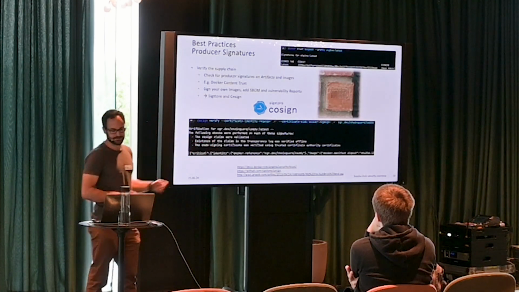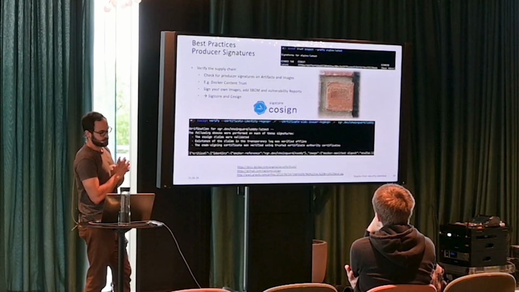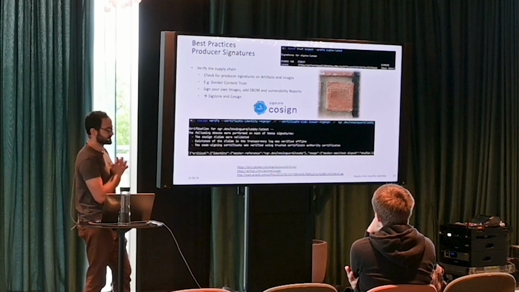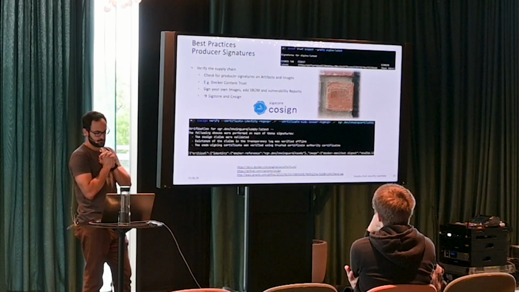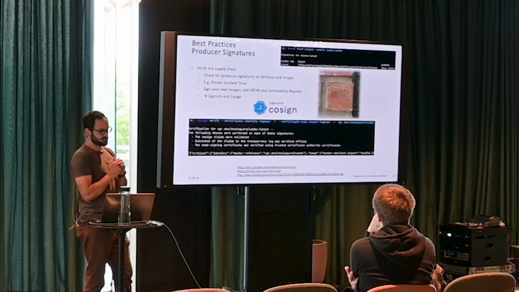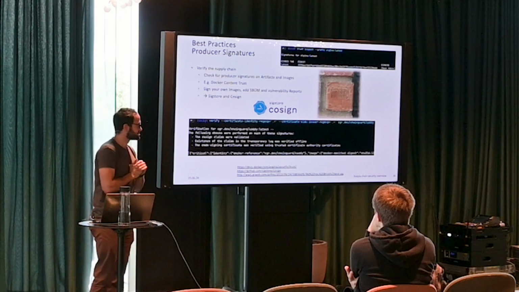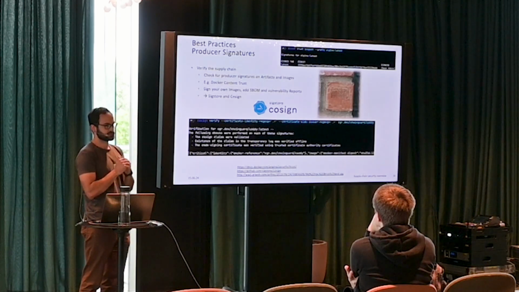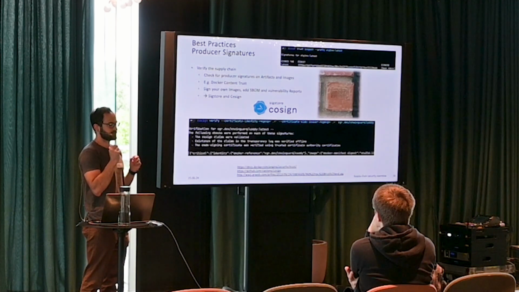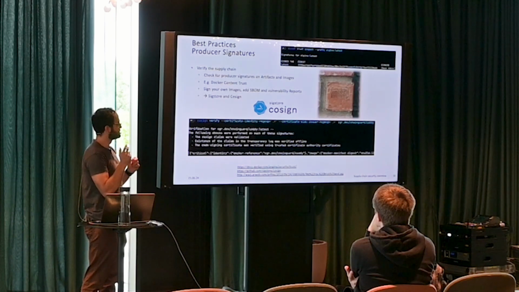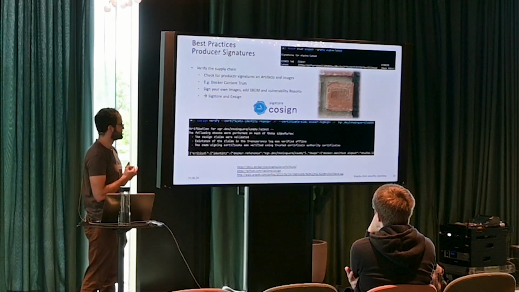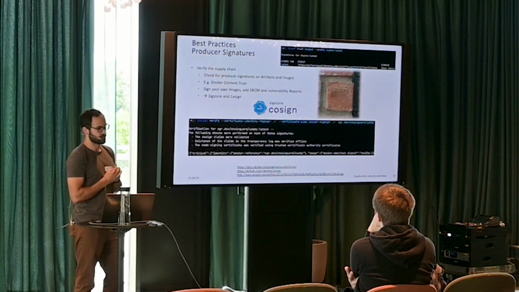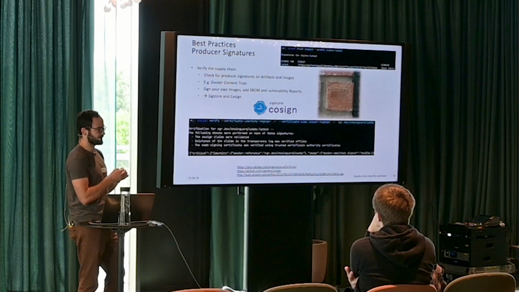What that means is cosine works in a way that it uses short-lived signatures to inject another signature into our image. And when we have that, we can check against it with a public key.